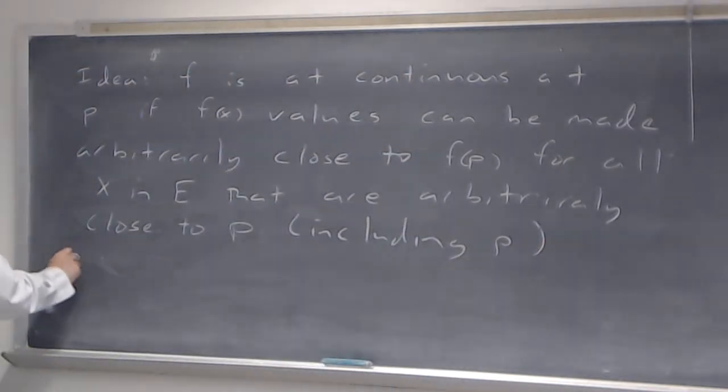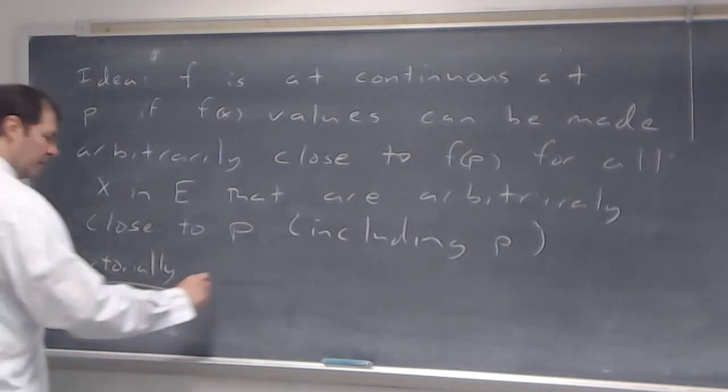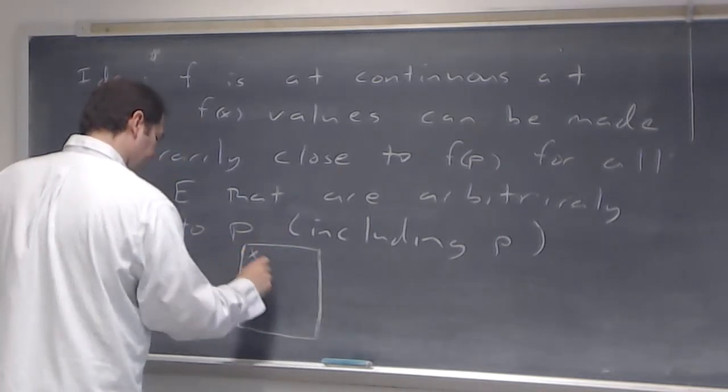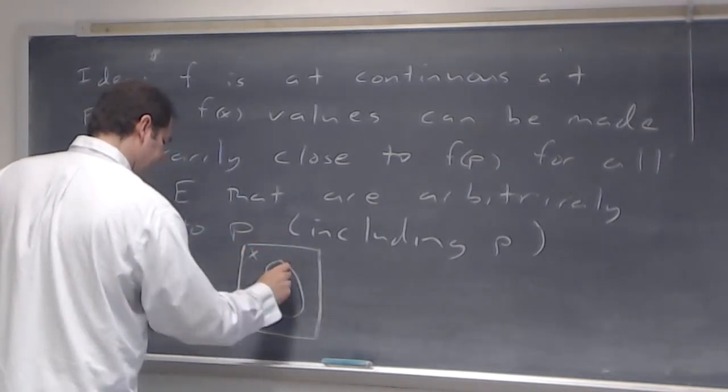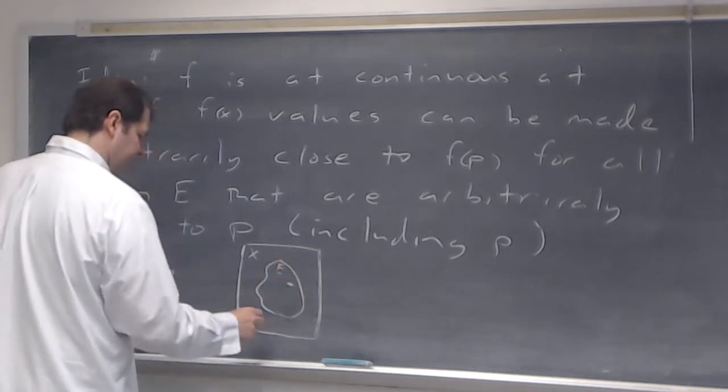If we look at a picture, here's what we're thinking. This is X. Maybe this is the set E. And then p is sitting here.